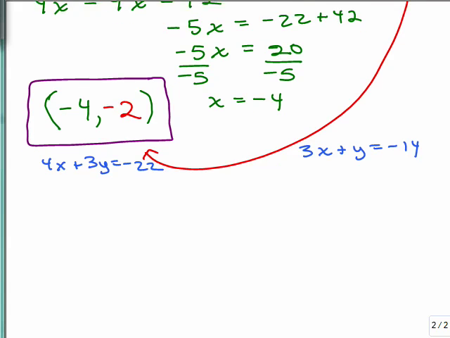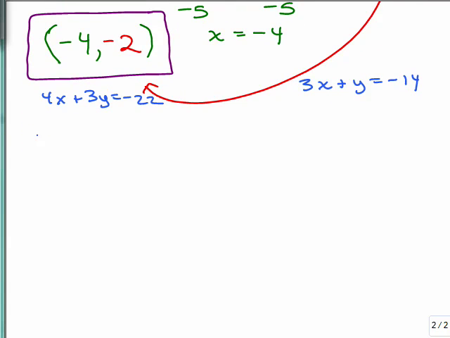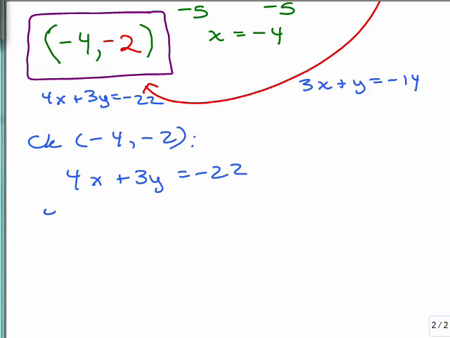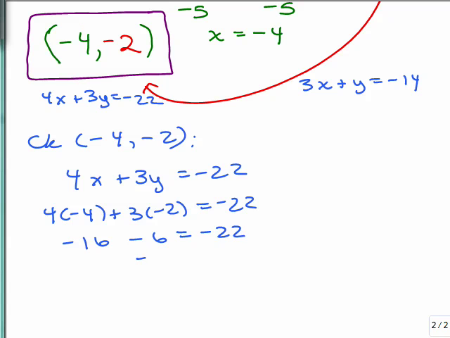Alright, so let's do this. We're going to check -4, -2 into both of these. Okay, so into 4x plus 3y equals -22. I'm going to put -4 for x, -2 for y, and we have -16 minus 6 is -22, which is true. So yes, it's a solution of that equation.